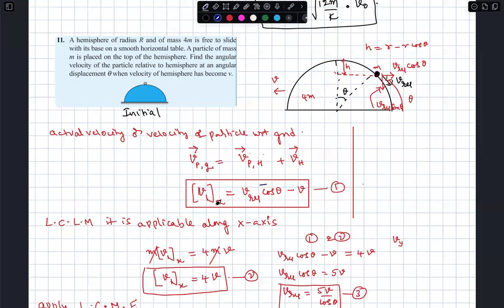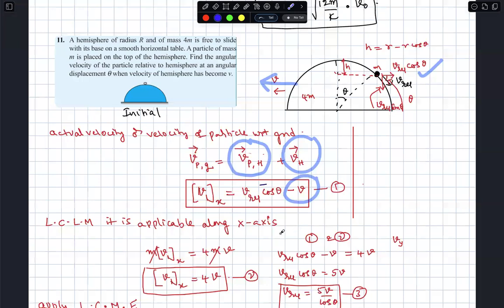Please try to understand: the velocity of the particle with respect to the hemisphere, horizontal component, is v relative cos theta, whereas the hemisphere is moving in the leftward direction with velocity v. So I should write this as minus v.